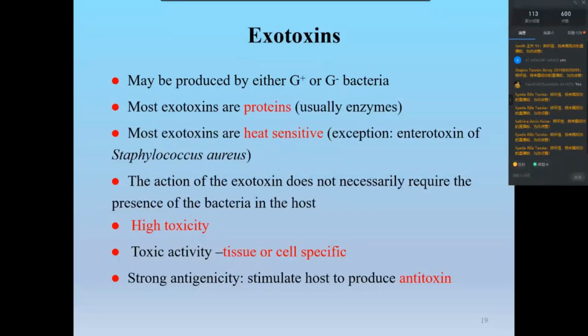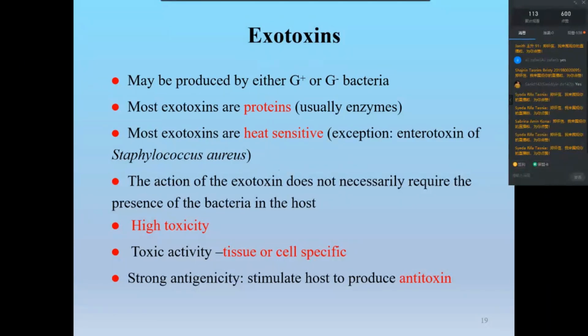And exotoxins usually have high toxicity. And this toxic activity usually is tissue or cell specific, because these toxins need to recognize a receptor on the cell.